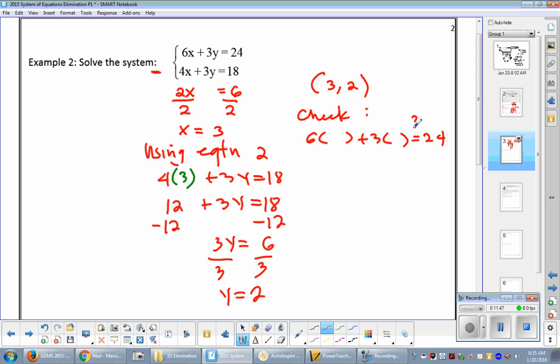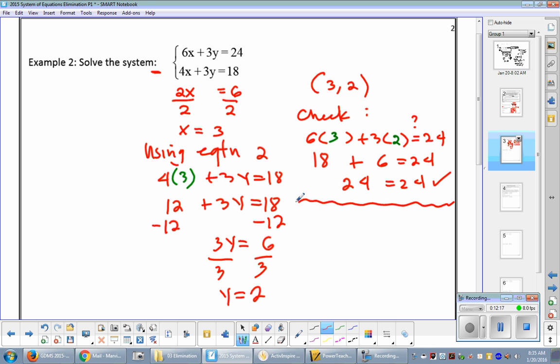Using my first equation, I will replace x by 3 and y by 2. And then you just have to verify if the left side is equal to your right side. So this is equal to 18, plus 6. 18 plus 6 is indeed equal to 24. So we're able to check our first equation.